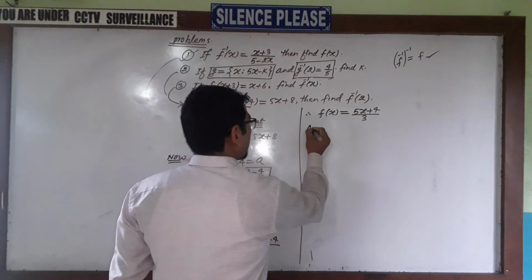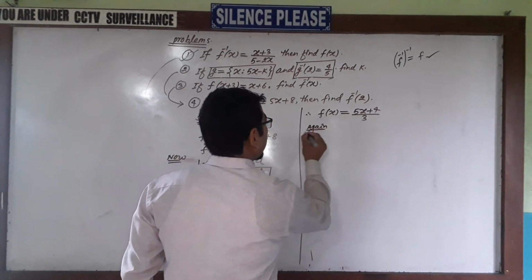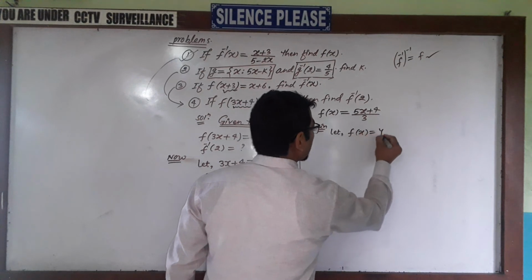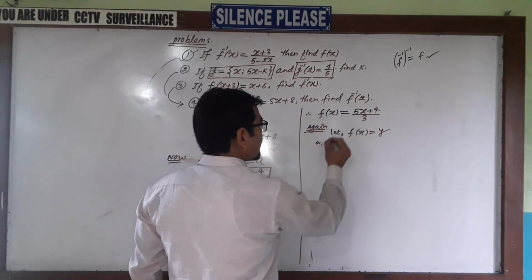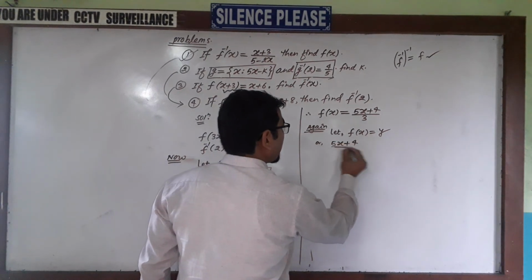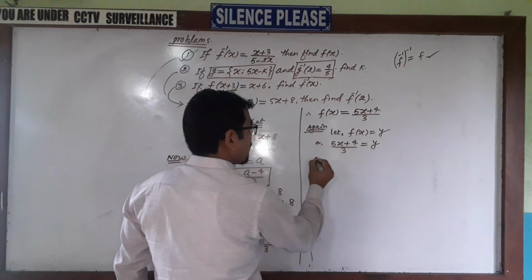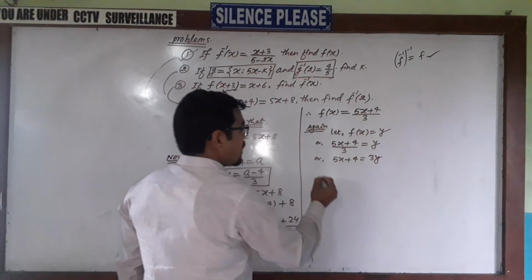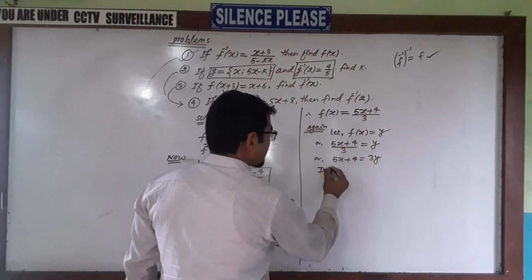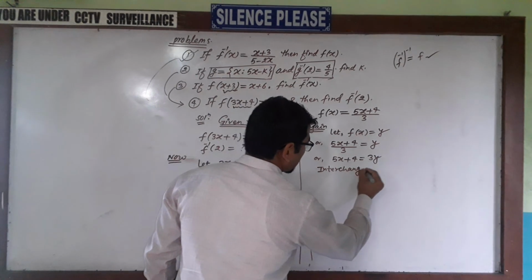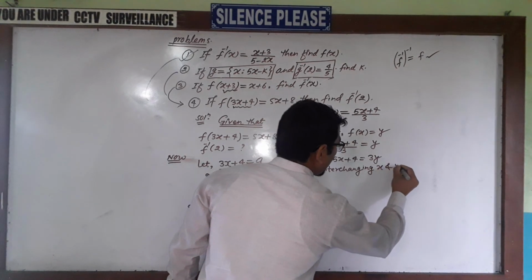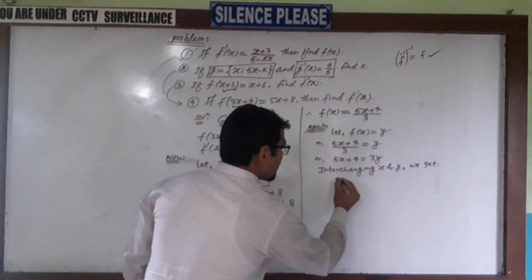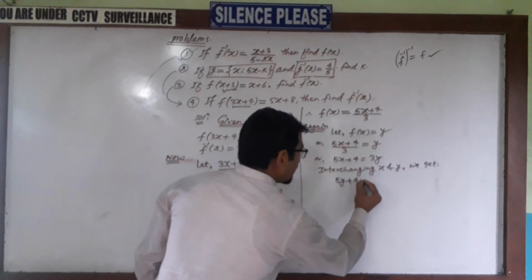Again, let the function f of x equal y. So (5x plus 4) divided by 3 is equal to y, or 5x plus 4 is equal to 3 multiplied with y, that is 3y. Then interchanging x and y, we get 5y plus 4 is equal to 3x.